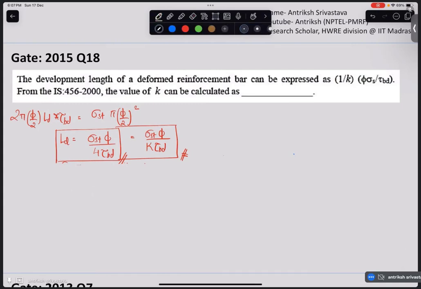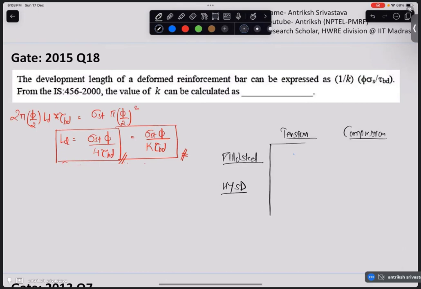So first is mild steel, second is high yield steel which is deformed, and another condition is tension and compression.